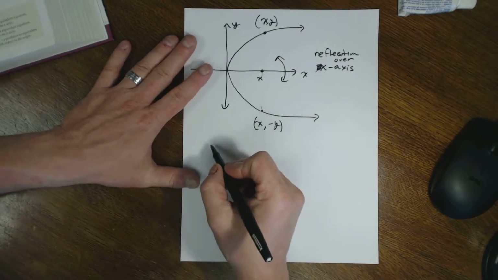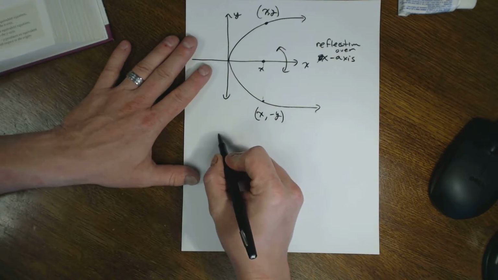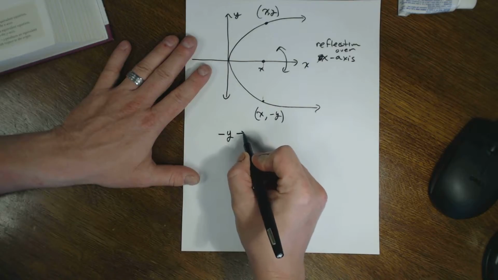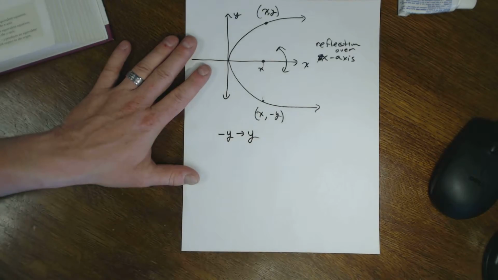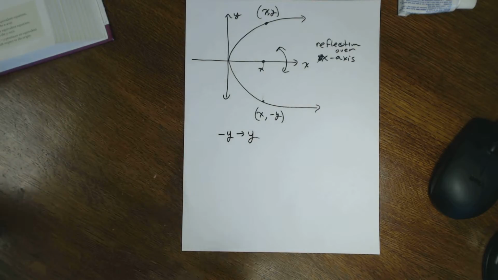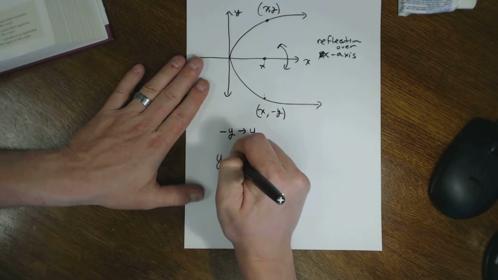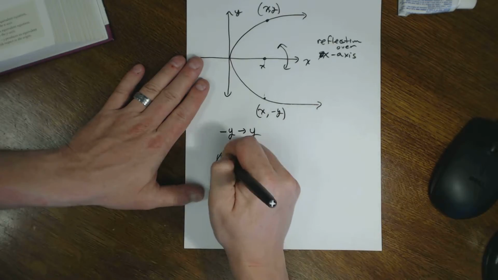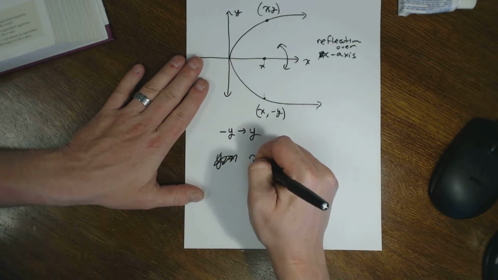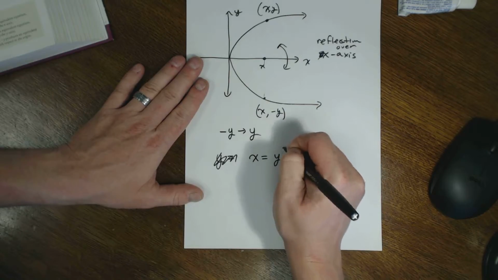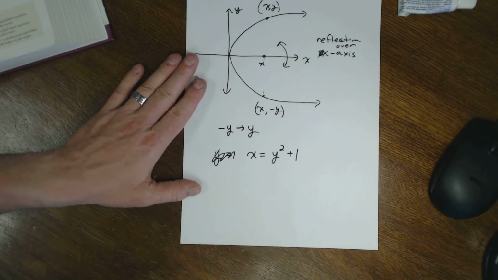To test for this, I'm going to take minus y and put it in for y into the equation that I have. So, for example, let's try a better one. X is equal to y squared plus 1.